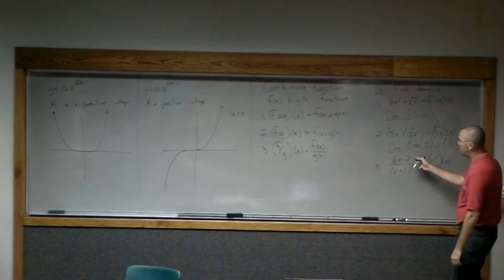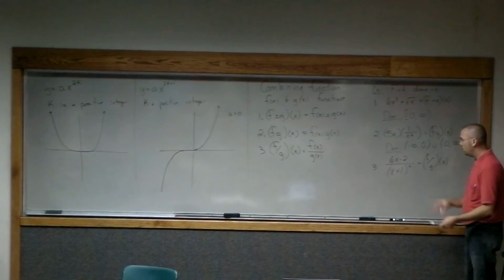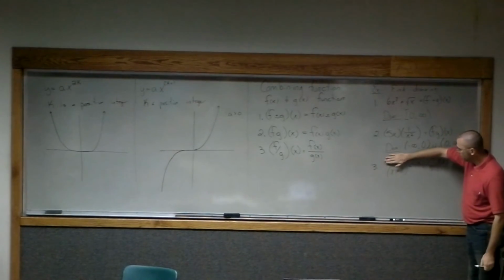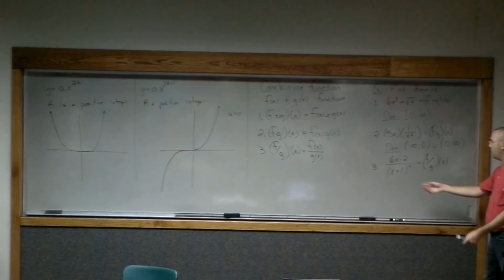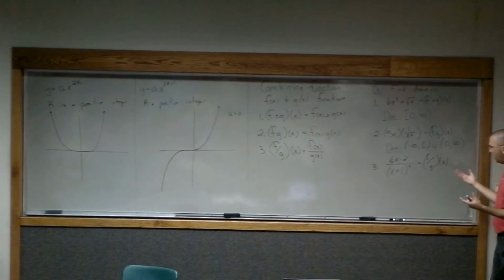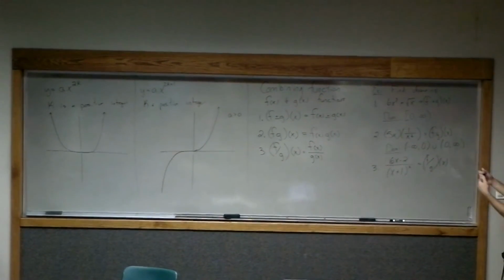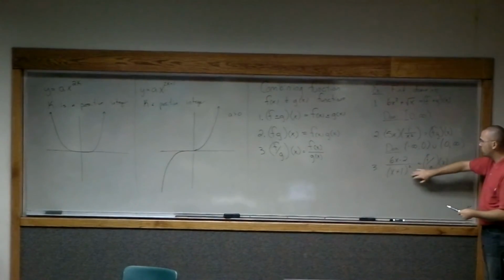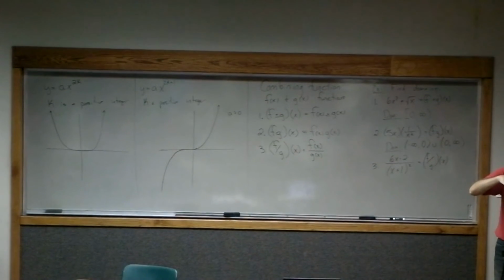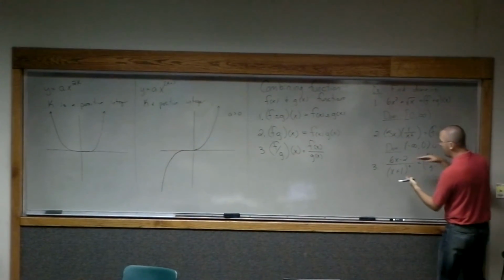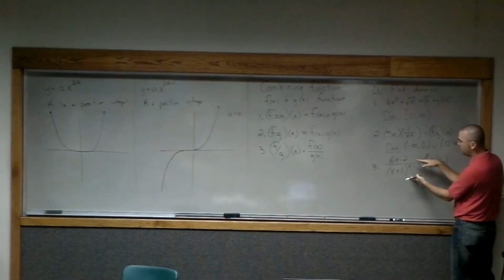Sure, we can plug anything we want into 6x minus 2. In a similar way, if we ignore that this is a fraction for a moment, what can I plug into x plus 1? I can plug anything I want into x plus 1. Now, okay, each individual piece, there's no restrictions if I just focus on the individual pieces. But I have to remember, now I'm dividing. And so that introduces a new rule that I have to be careful of.